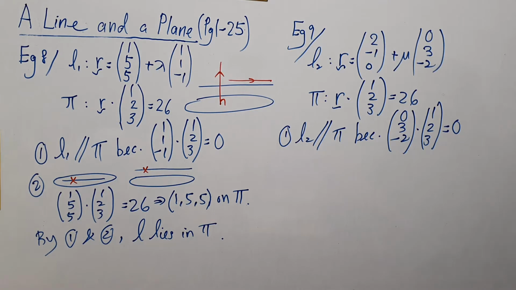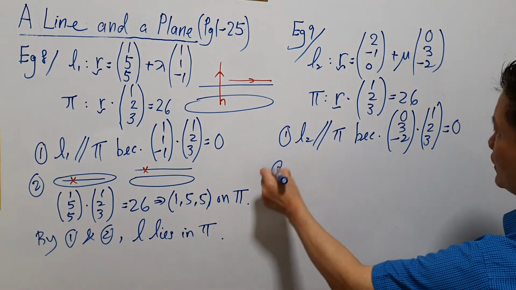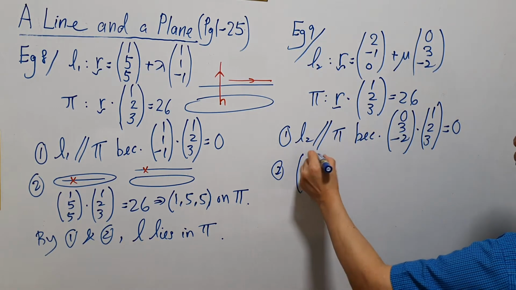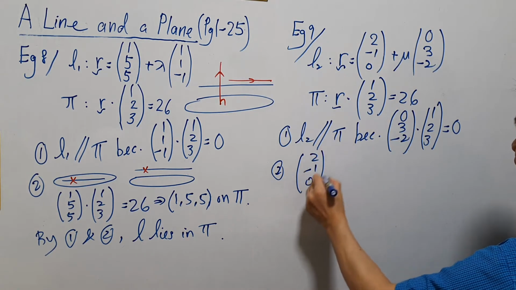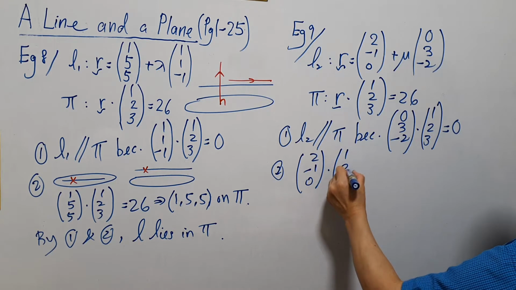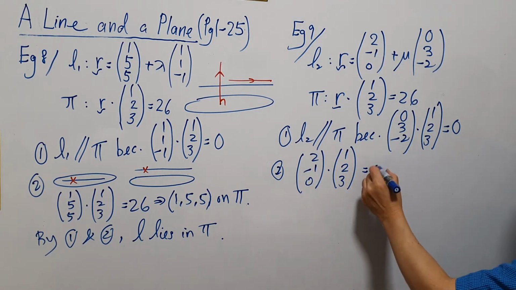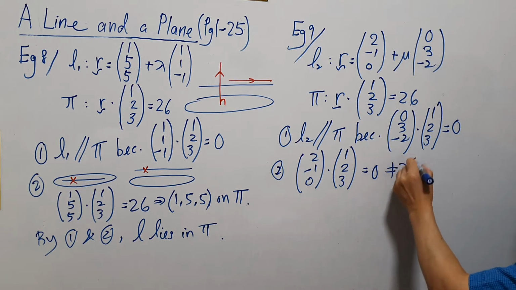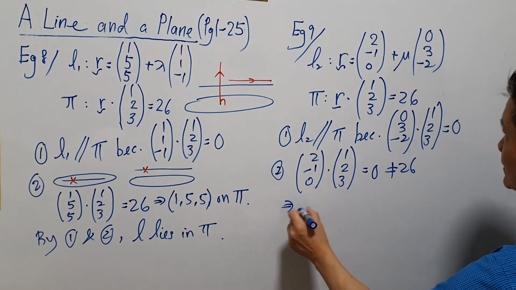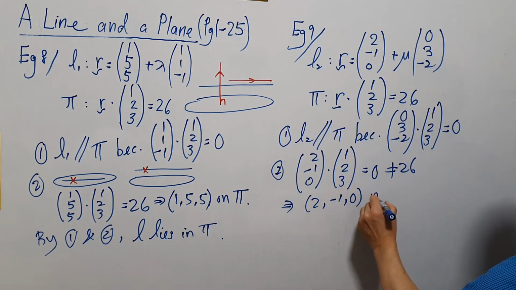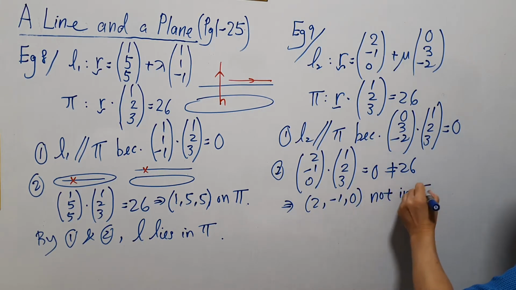Then what do you do in step 2? In step 2, what you do is you take this point (2, -1, 0), you dot with (1, 2, 3). And in this case, you get a value of 0, which is not 26. So it means (2, -1, 0) is not in the plane.